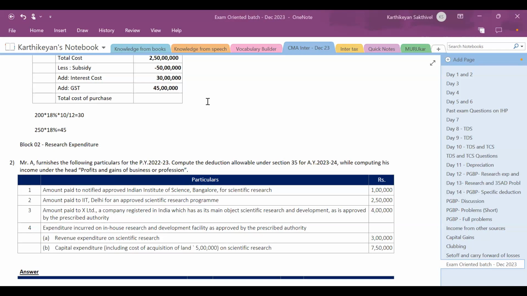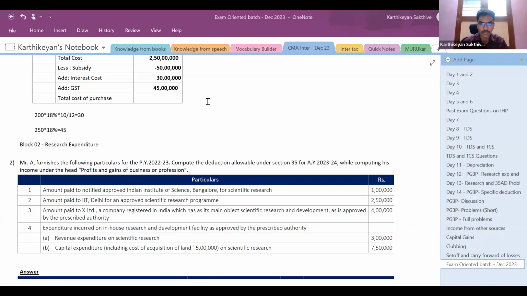Amount paid to X Limited, a company registered in India which has as its main object scientific research and development as it is approved by the prescribed authority, 4 lakh. Expenditure incurred on in-house research and development facility as approved by the prescribed authority: revenue expenditure on scientific research, 3 lakh; capital expenditure including cost of acquisition of land on scientific research, 7 lakh 50,000.